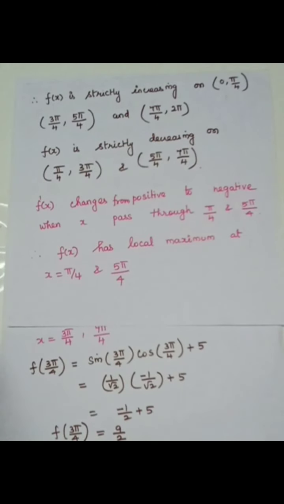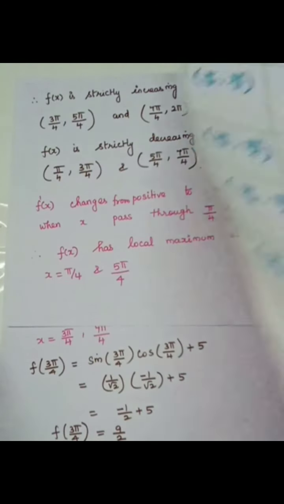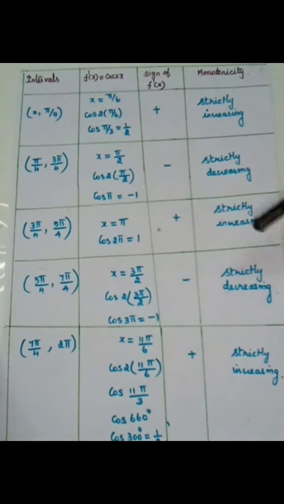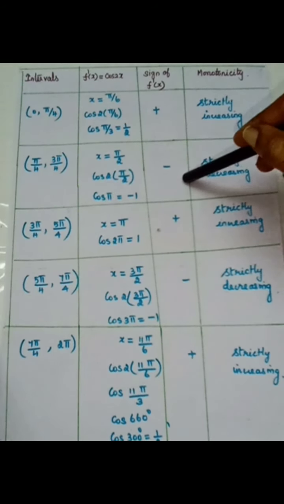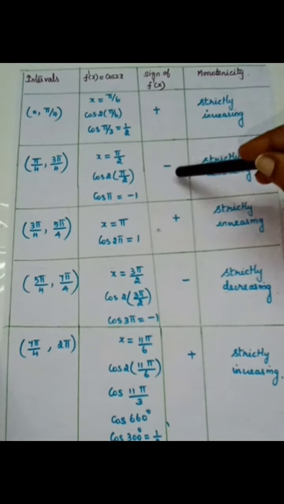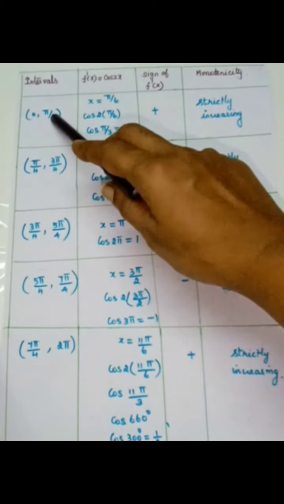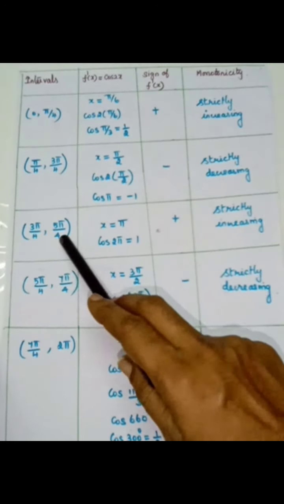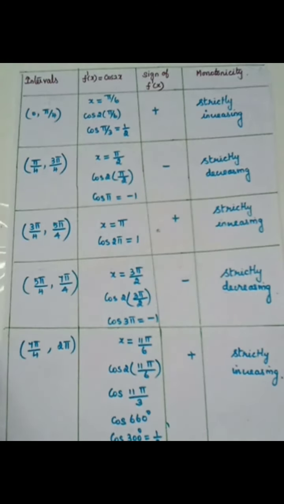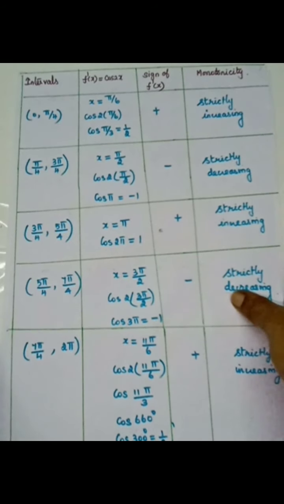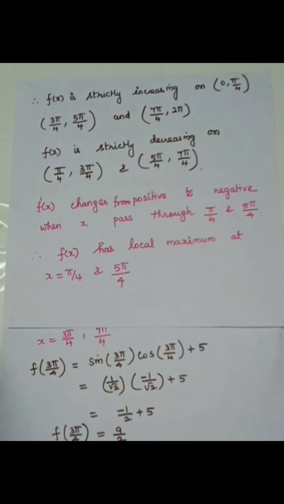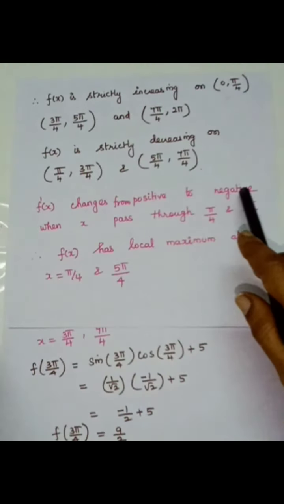Okay. You see now from this tabular column, your f dash of x changes sign from positive to negative when x passes through pi by 4, and you see that 5 pi by 4. So these two values: when x is equal to pi by 4 and x is equal to 5 pi by 4, your f dash of x changes from positive to negative.